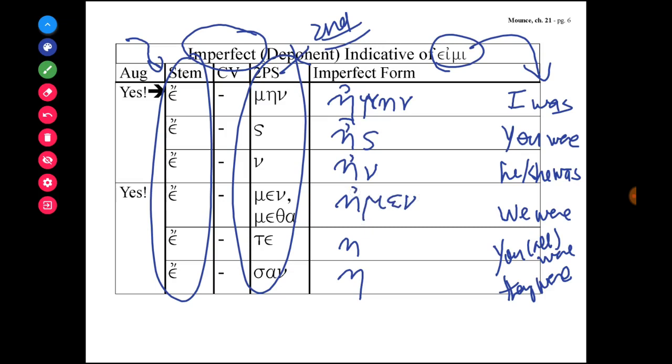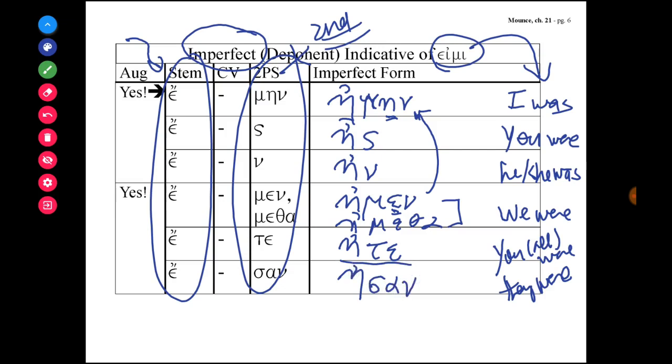You can say ἦμεν with an epsilon, different from ἤμην, which has the eta there. Or you can use the form ἤμεθα, and you actually see both used in the New Testament. Both mean we were. There's also ἦτε, which means you all were, and ἦσαν, which means they were.